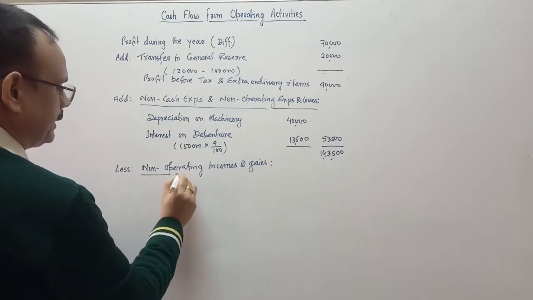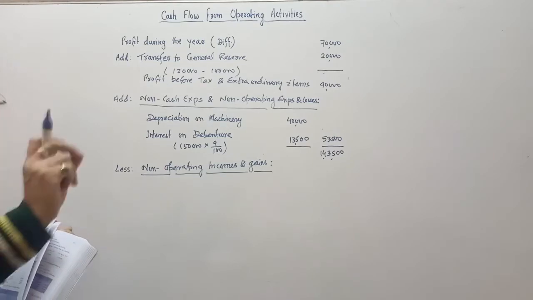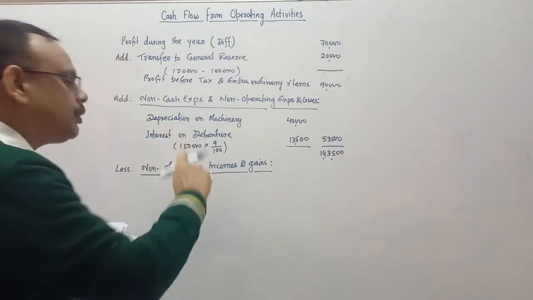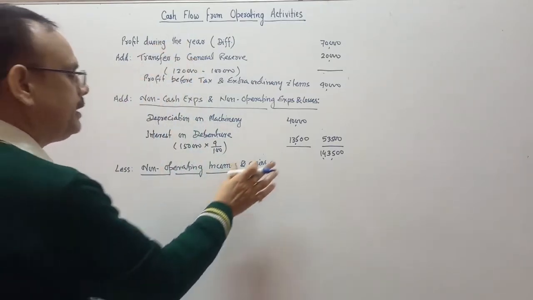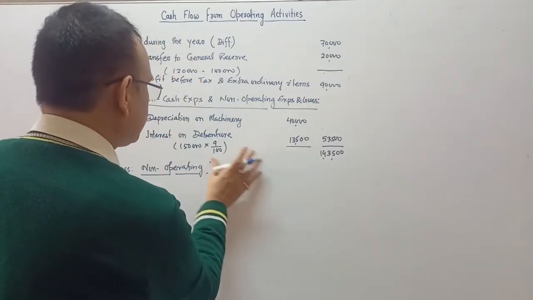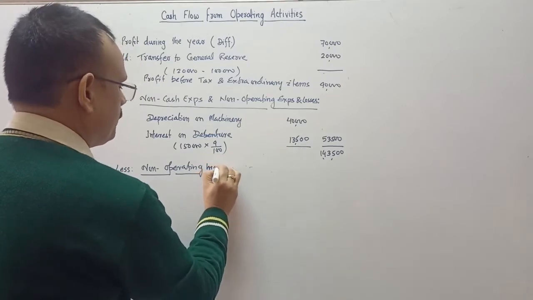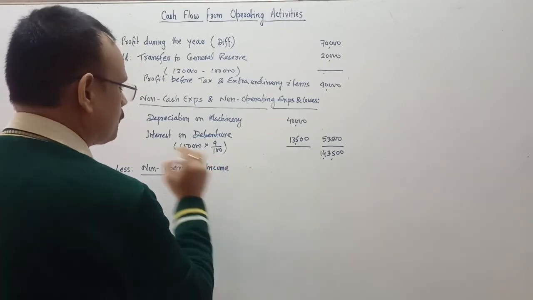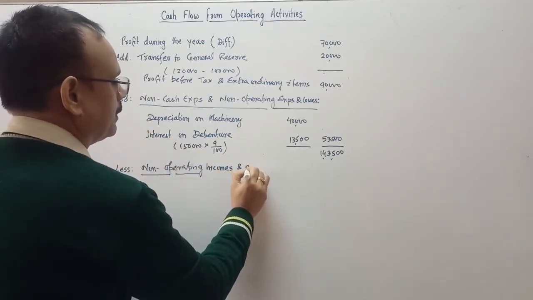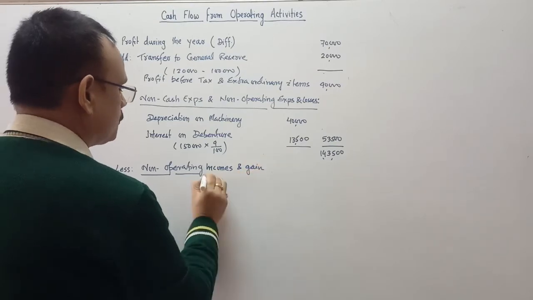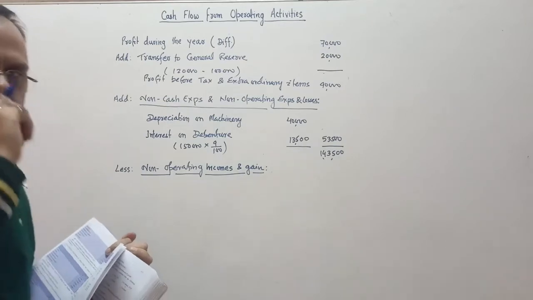We will deduct it because we want to know the cash flow from operating activities. So if there are any non-operating incomes and gains added to this profit, we will deduct them.